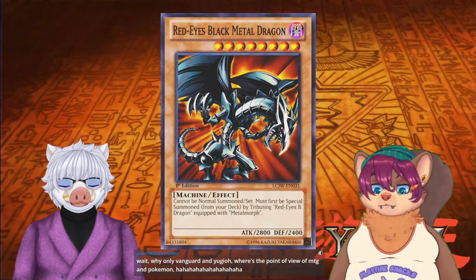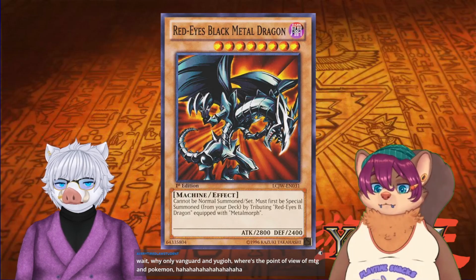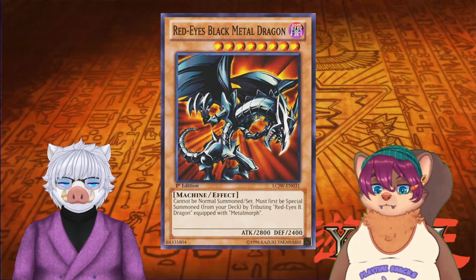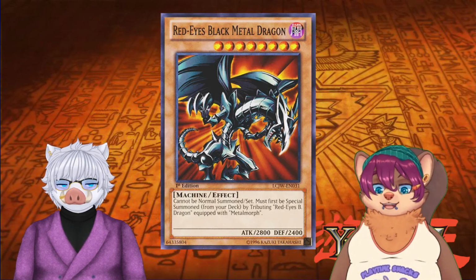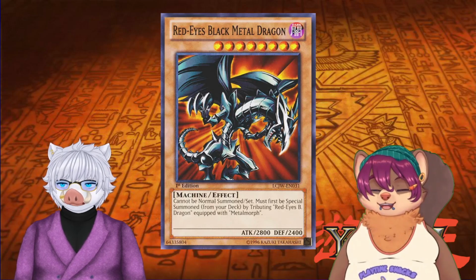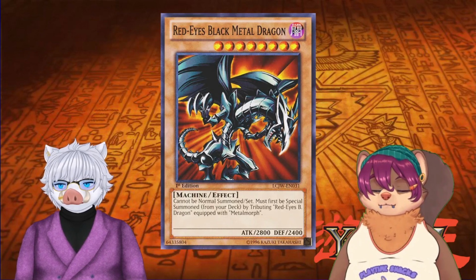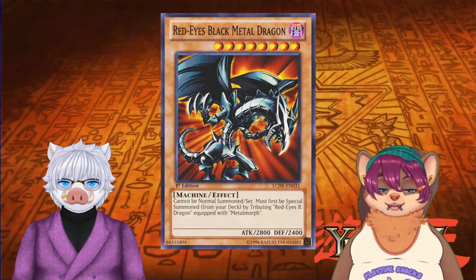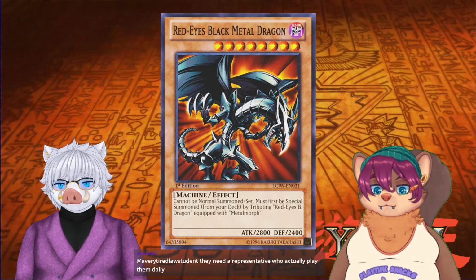Wait, why only Vanguard and Yugioh? Where's the point of view of MTG and Pokemon? That's next time. We'll look for MTG players and Pokemon players. Magic the Gathering? There are too many cards in that, too many broken cards. I think one of the Magic the Gathering things is that, sure, there are strong cards, but all of them are kind of useful depending on what kind of deck you're playing.